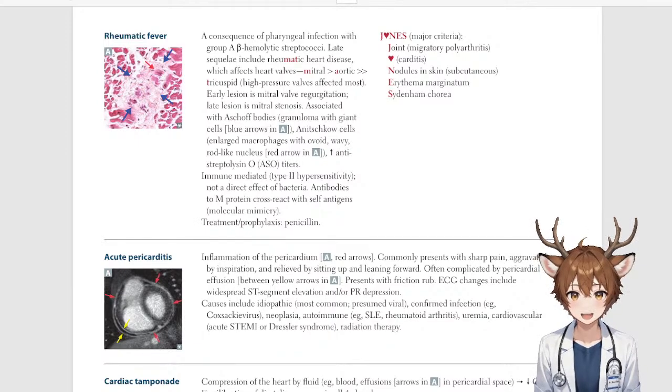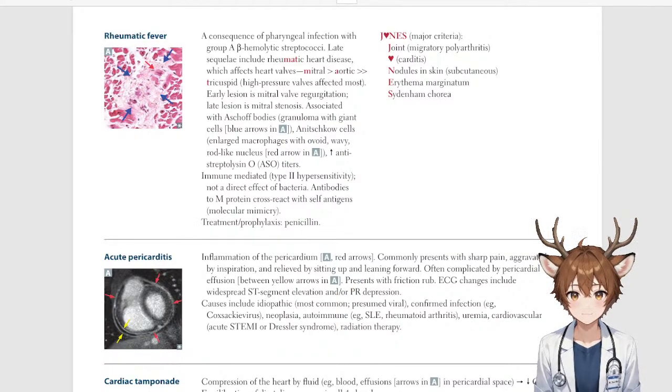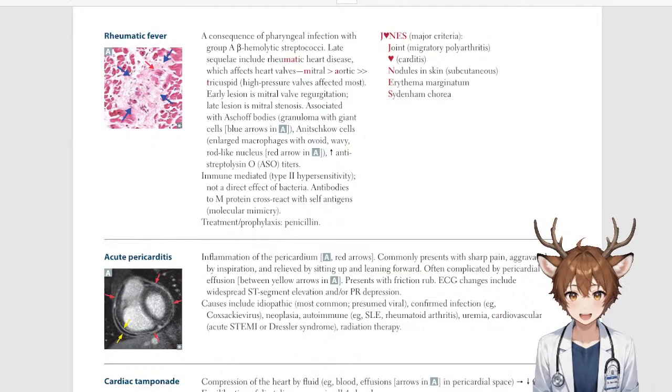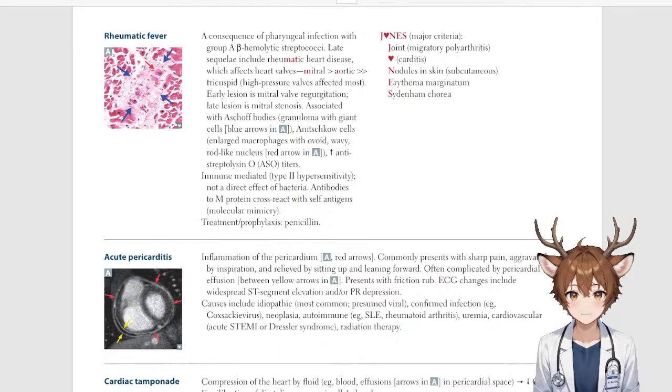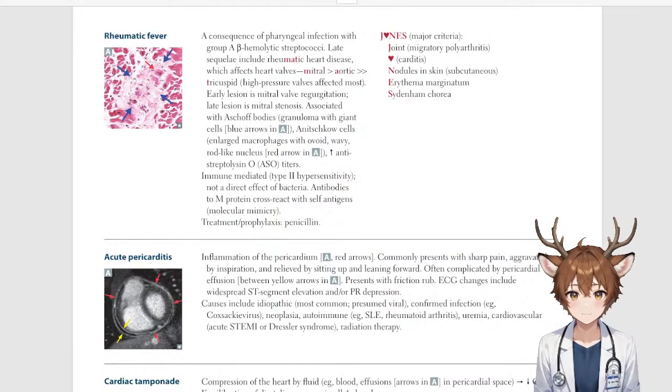Associated with the Aschoff bodies, A-S-C-H-O-F-F, Aschoff bodies, granuloma with giant cells, and Anitschkow cells, large macrophages with ovoid, wavy, rod-like nucleus, an increase in anti-streptolysin O, ASO, and an increase in anti-DNAase B titers.